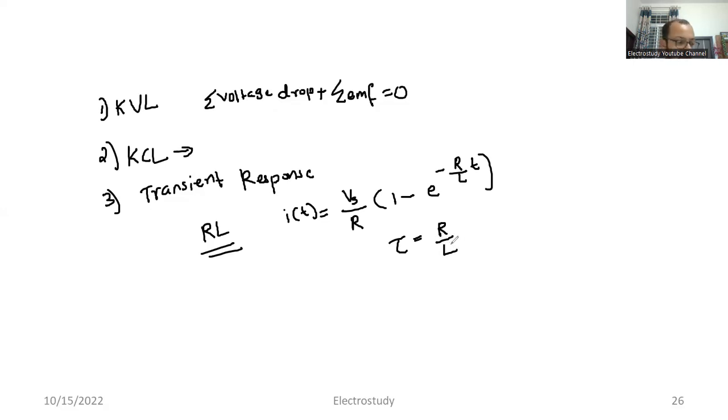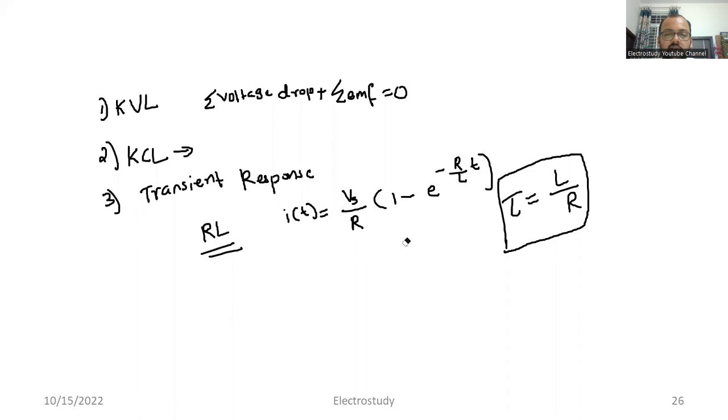Sorry, the time constant tau can be written as L by R. This is very important, please note this down. Time constant is equal to L by R. Please delete the previous one.